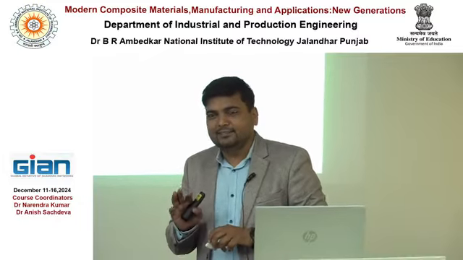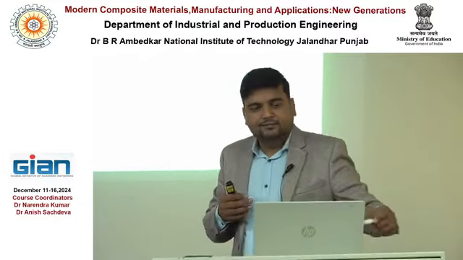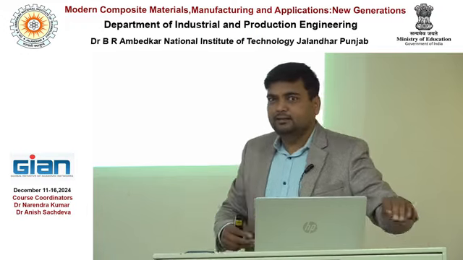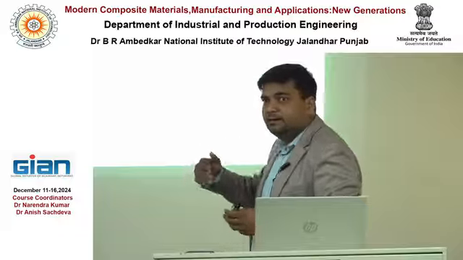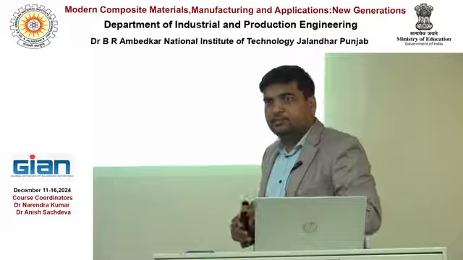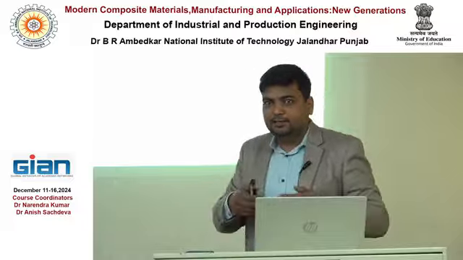So this is still one of the challenges, or one of the areas where you can work on production speed. You can try to increase the speed of 3D printing systems by adding new motors, new mechanisms, new hardware. So this is all about the AM of composites.